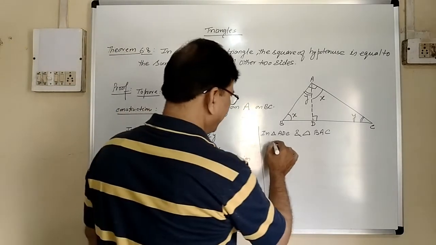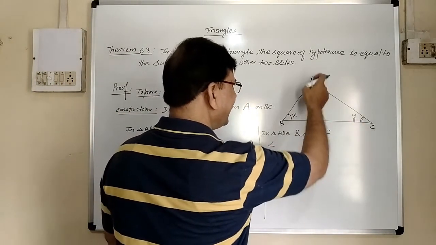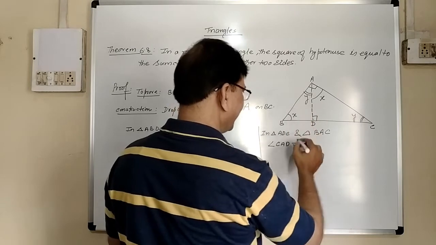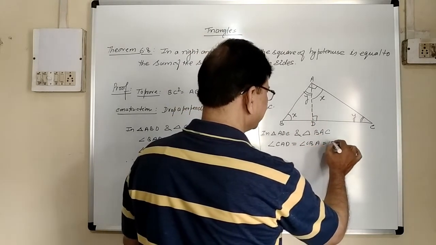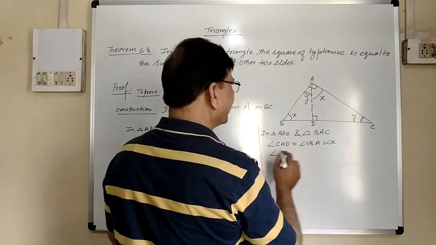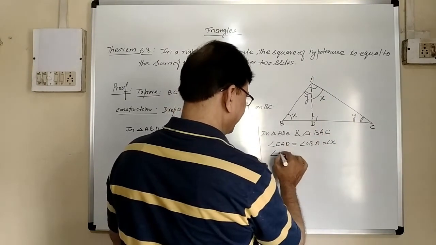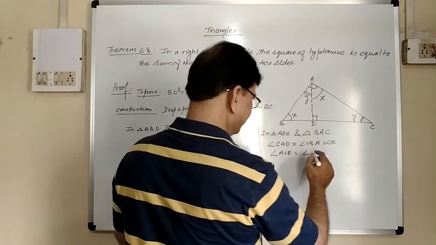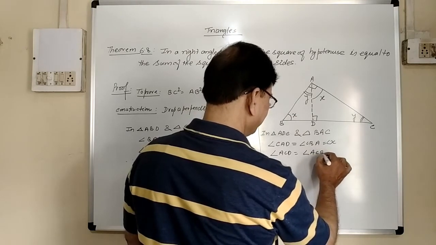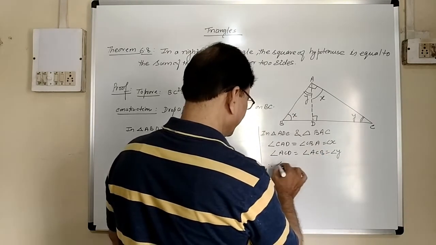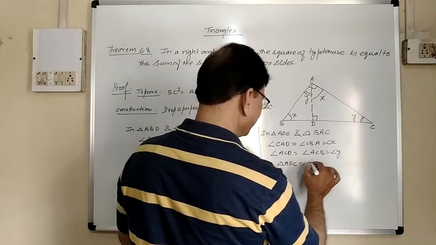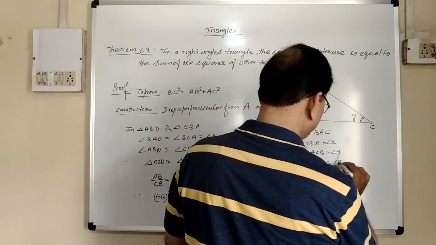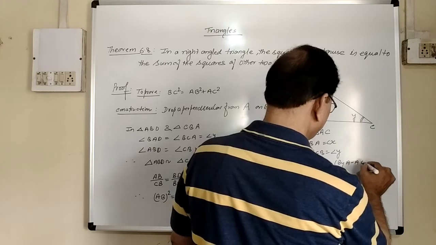Angle CAD is equal to angle CBA, that is equal to angle X. Angle ACD is equal to angle ACB, which is equal to angle Y. Therefore, triangle ADC is similar to triangle BAC by AA criterion.